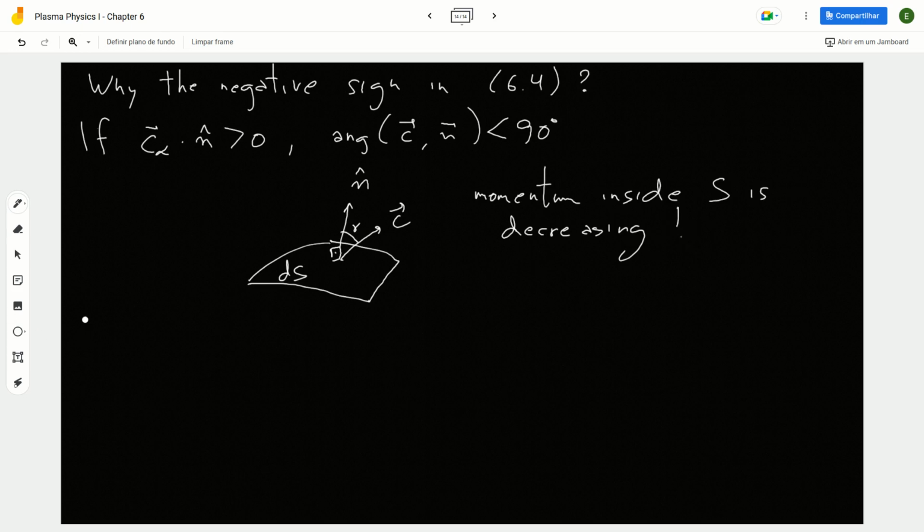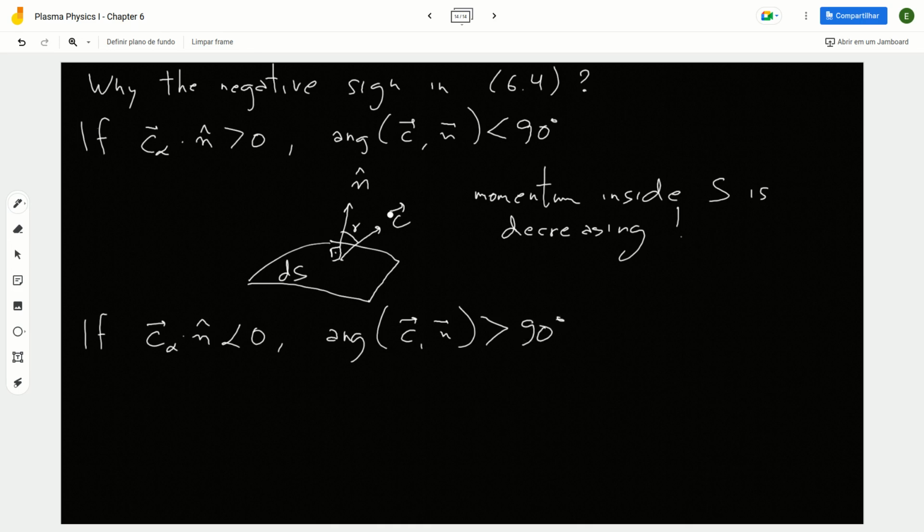Okay, if C alpha dot n is smaller than 0, then you have the angle between C and n larger than 90 degrees.